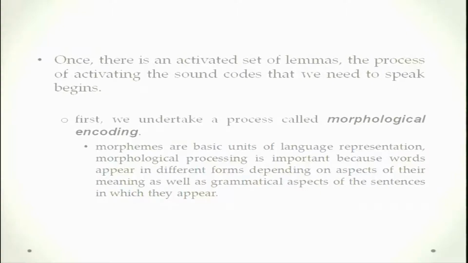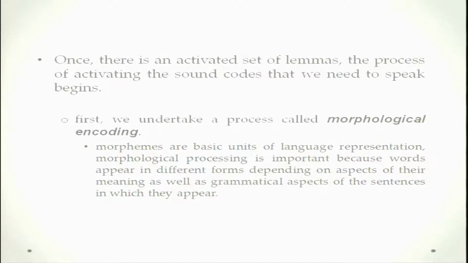Once it is there with you, you will undertake a process called morphological encoding. What is morphological encoding? Morphemes, if you remember, are basic units of language representation. Morphological processing is important because words appear in different forms. If you remember, I was talking about this in the chapter on language acquisition, about things like kicks, kicked, kicking.